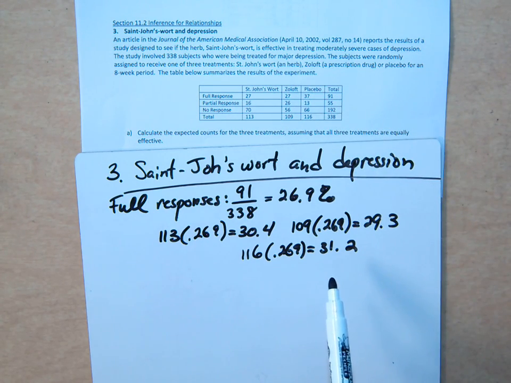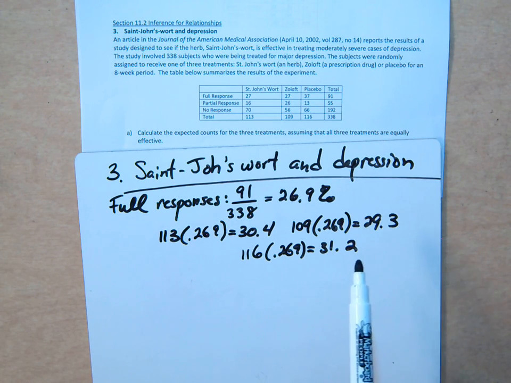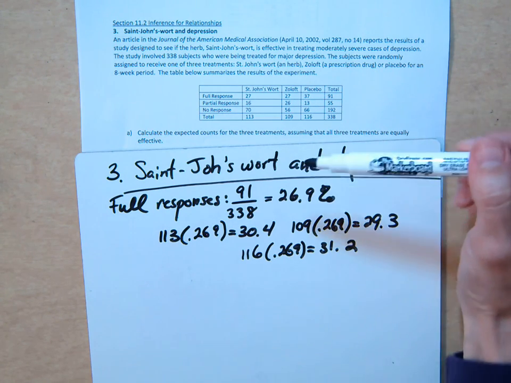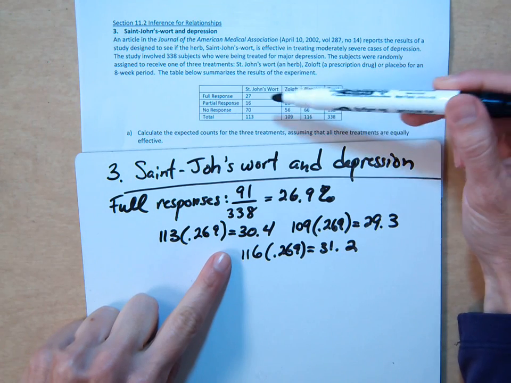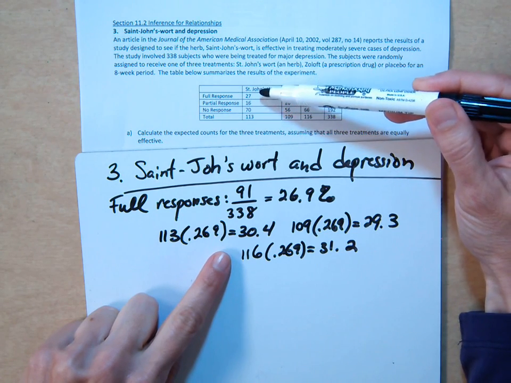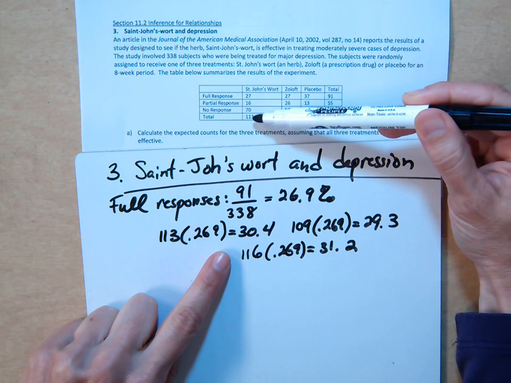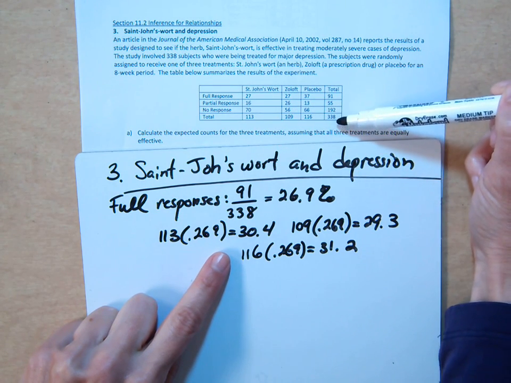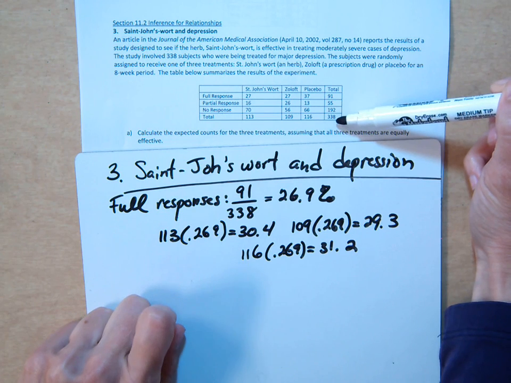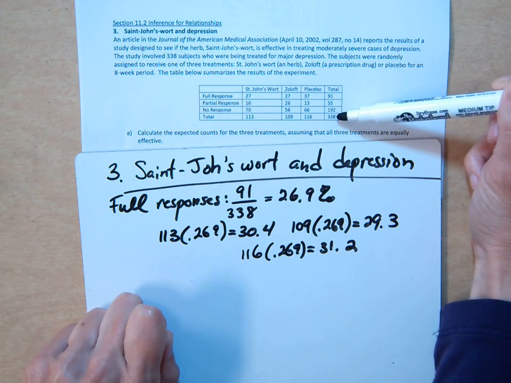So without doing every single one, the shortcut though, you would get the same answer if you just multiply, for example, for St. John's wort, 91 times 113 and then divide by 338. You're actually doing the same math there.